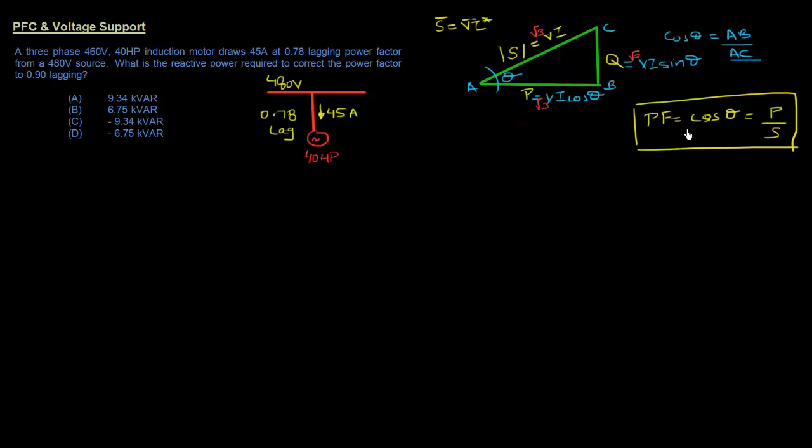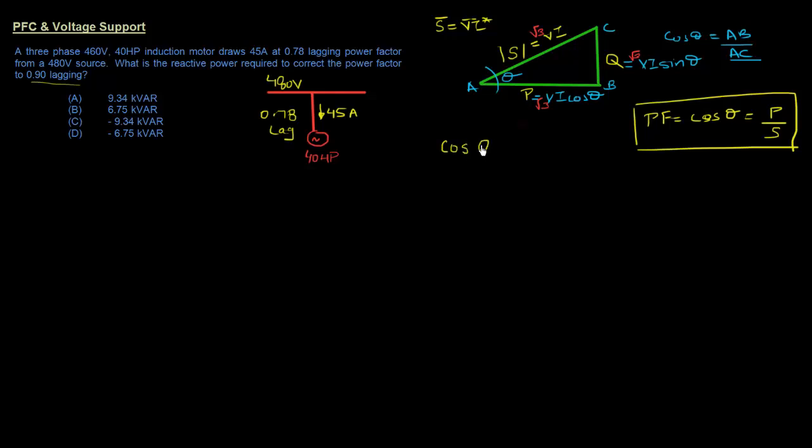Okay, what else do we need to know? Now, since we have this definition in place, let's go back to our problem. So we've been given two power factors. One's an existing power factor 0.78 lagging, and one is a new power factor 0.90 lagging, which is what we want to get to. If you see the relation cos theta is equal to power factor, let us now investigate that a little bit more.